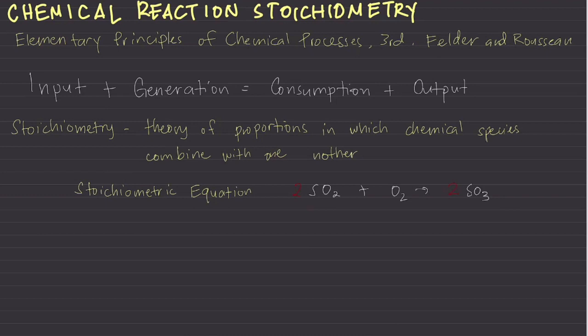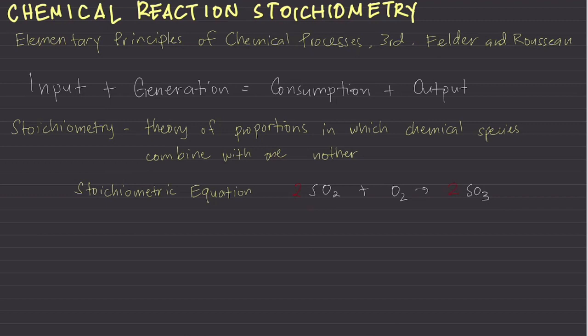So kung babalikan natin yung mga learnings natin sa mass balance without chemical reaction, we can say na kapag meron tayong mga ratio, say for example, A to B, transformation from A to B, pwede natin magamit yung same principles pero gamit na yung stoichiometric equation.